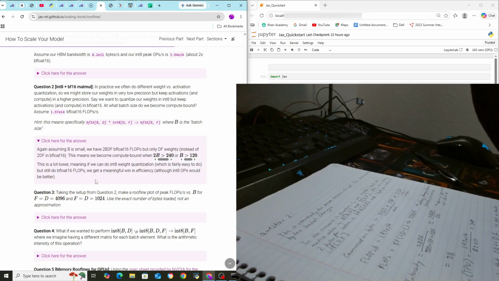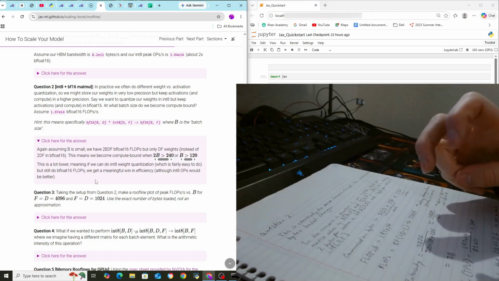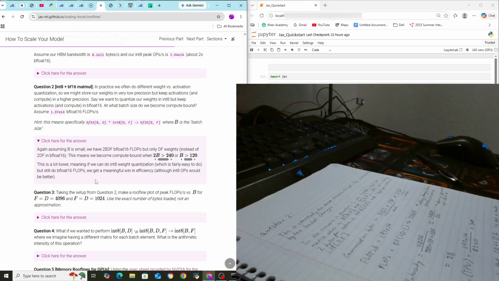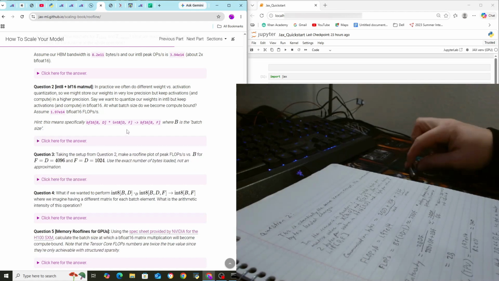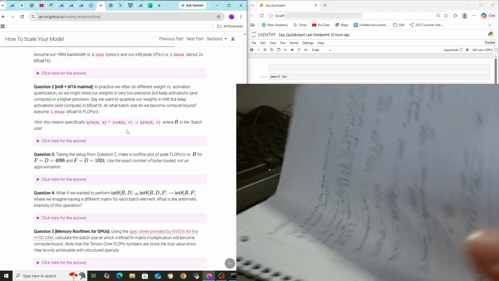So it's like you're allowed to use more memory with the same compute or the same setup. All right, anyway, let's do question 3. That was a quick one.